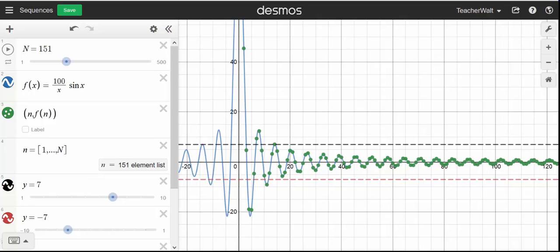So if the limit of 100 over x sine x is 0, then the limit of 100 over n sine n must also be 0. In other words, if we're finding the limit as n goes to infinity of some sequence, you can go back, find the function, analyze the function, and calculate the limit there.